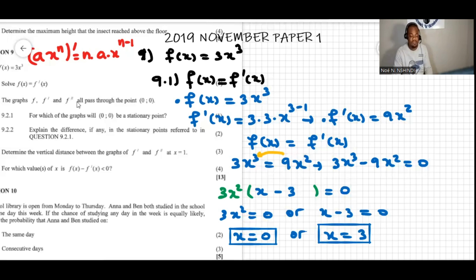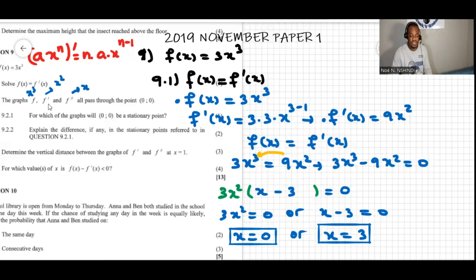But f second is a straight line. This one will be a cubic function with x cubed. This one is going to be with x squared, and this one will have an x only, not an exponent. So this will be a straight line. I just write x cubed to abbreviate.